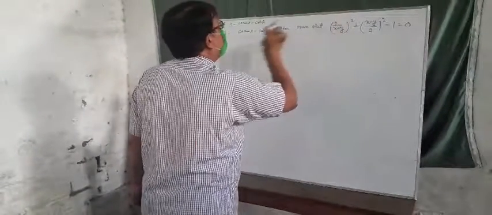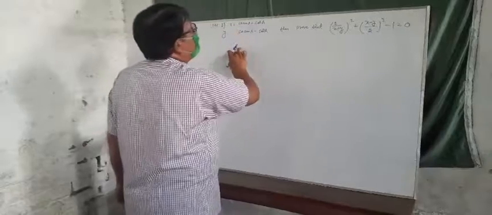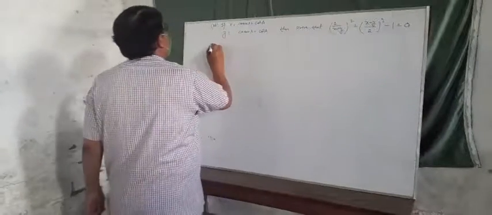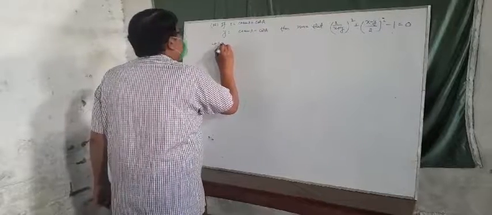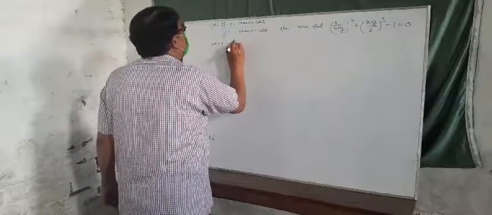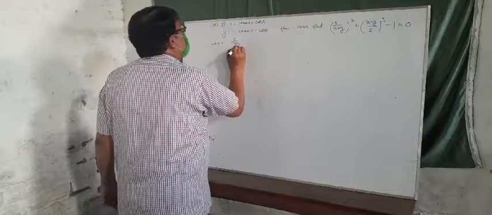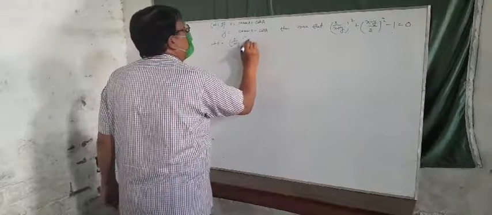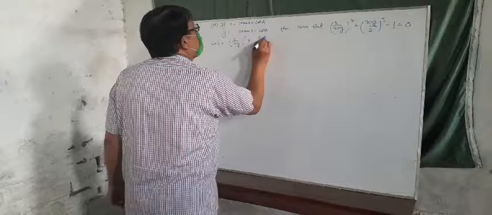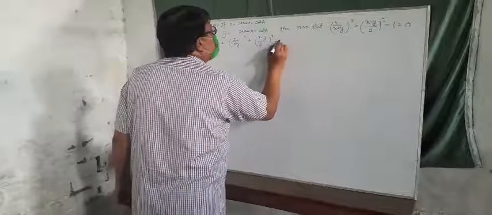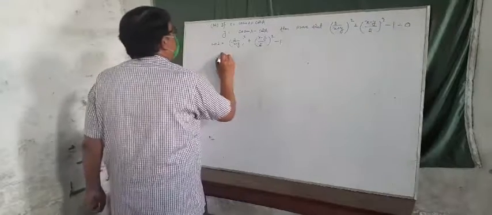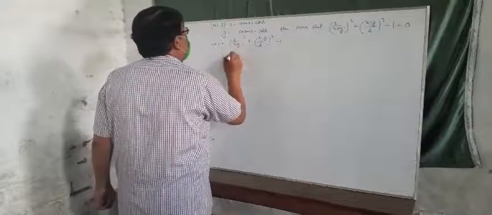Now we will put the value of x, y in LHS. LHS is 2 upon x plus y whole square plus x minus y upon 2 whole square minus 1. Now put the value of x and y here.